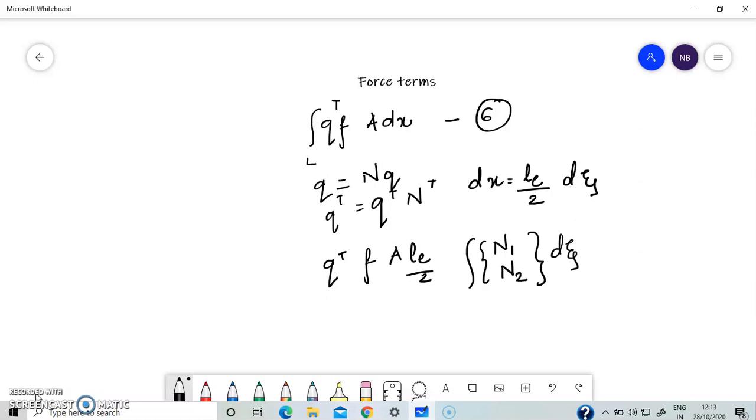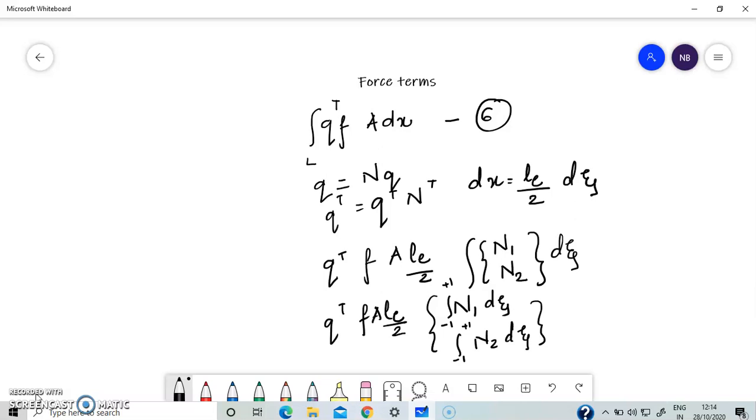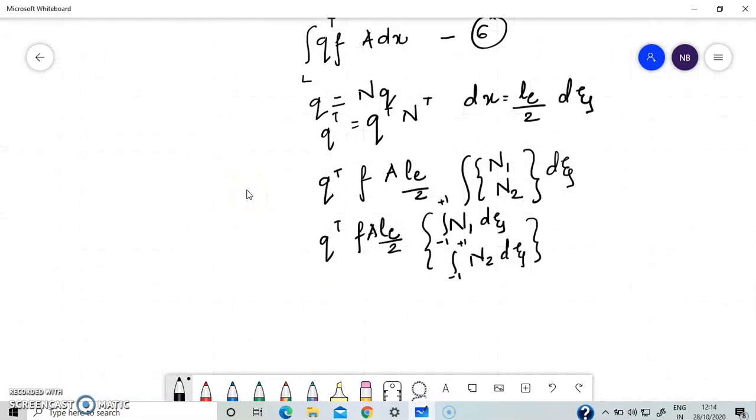and this can be written as solving the integral and substituting the value of N1 and N2 shape functions.